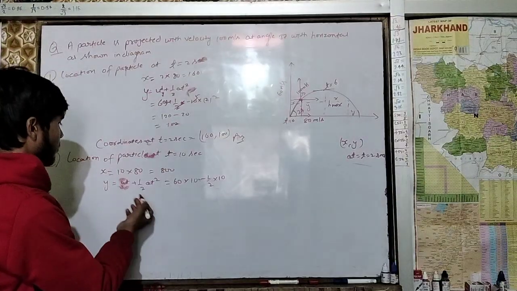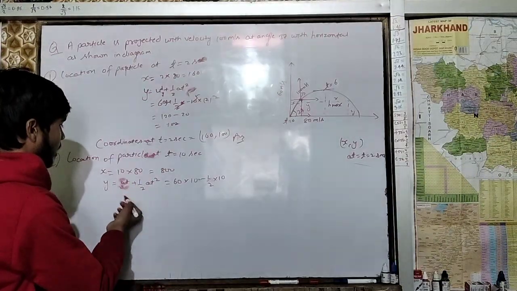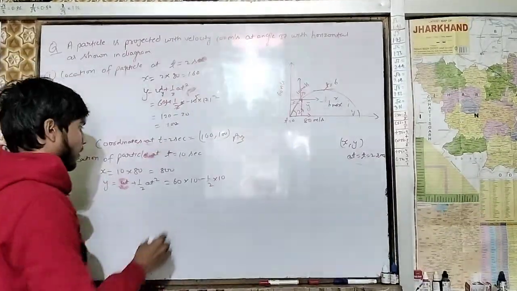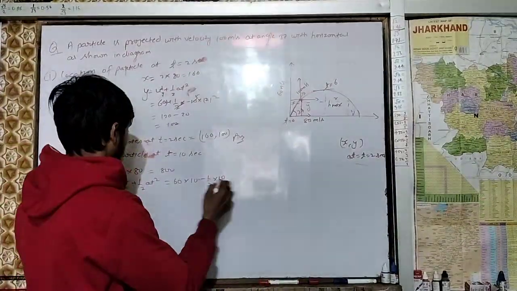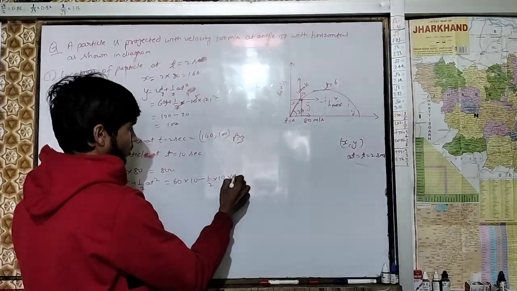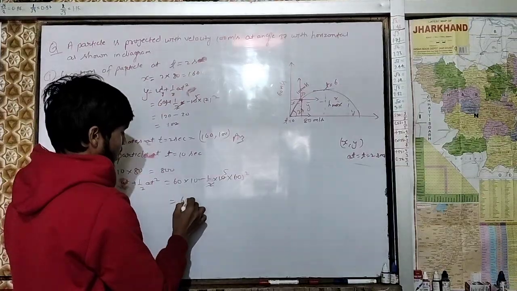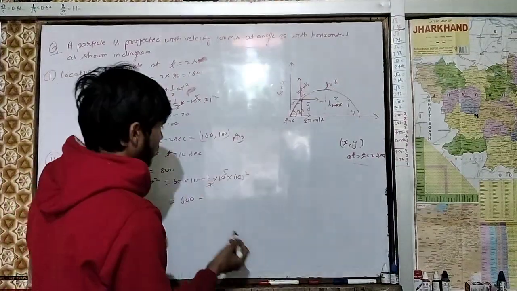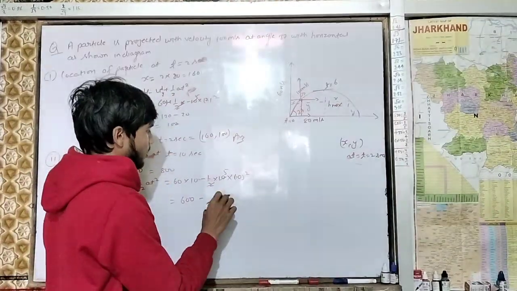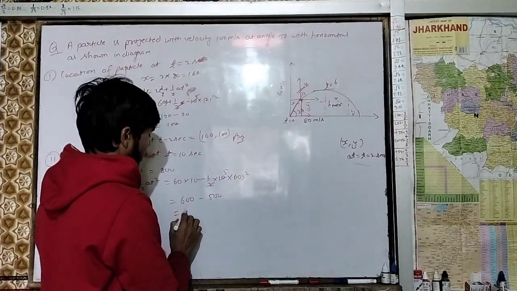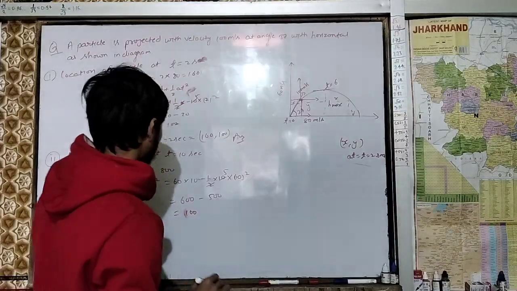This 10 multiplied by 80 came from this equation. This is the logic. 60 multiplied by 10, and half of 10 is 5, times 10 raised to power 2. 5 times 100 is 500. 600 minus 500 is 100.